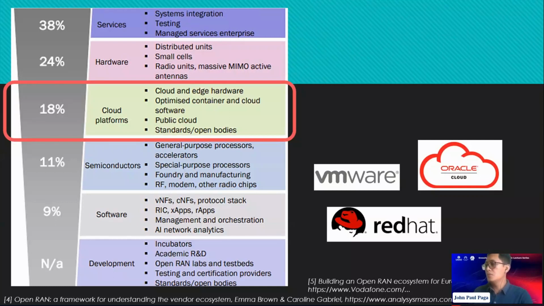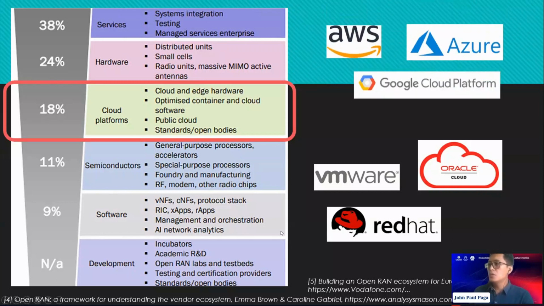We have here VMware, Oracle Cloud, and Red Hat. Also, we as an operator, we also have an option to run it on a public cloud. Okay? So on public cloud, we have AWS, Azure, and Google Cloud din naman. Okay? Actually, si Alibaba meron na rin. May cloud na rin si Alibaba.